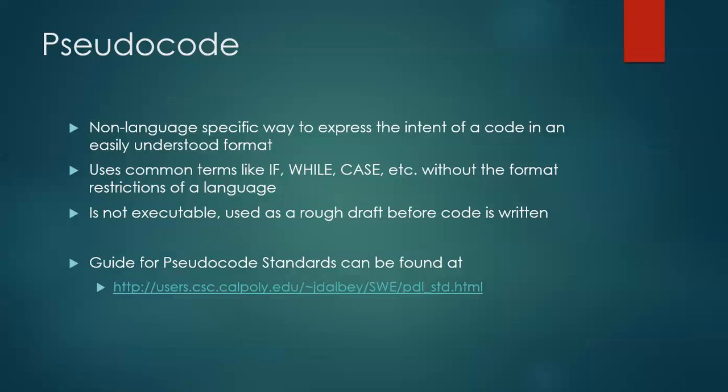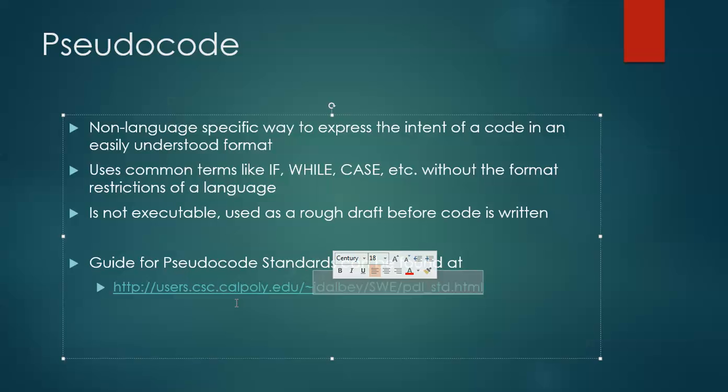Pseudocode. Pseudocode is probably what you want to do second. I probably should have switched flowcharts and pseudocode, but if you can understand pseudocode, you'll be able to understand flowcharts. And pseudocode is a very simple way of coding. It's not specific.